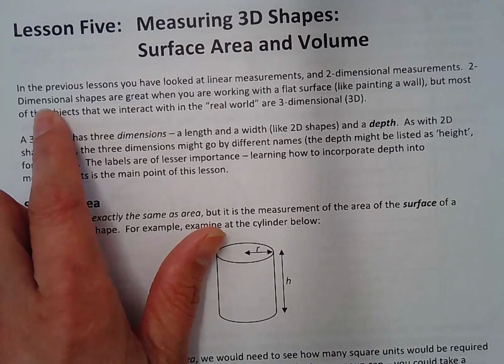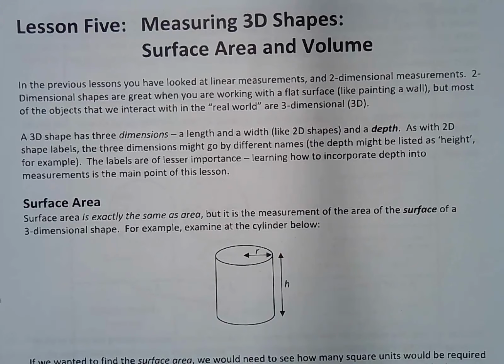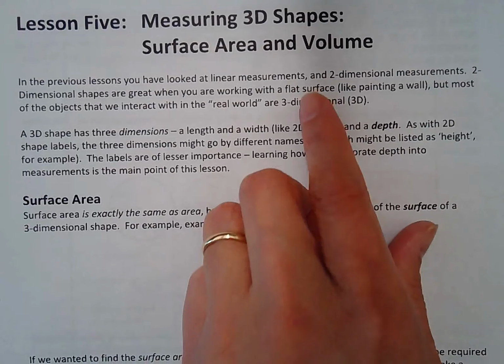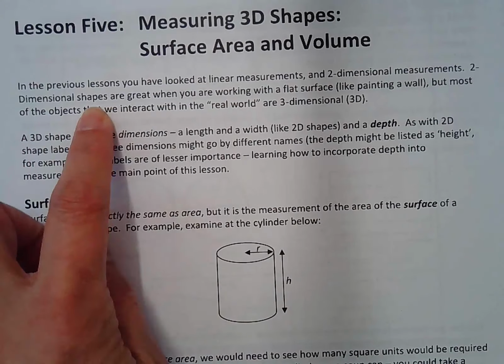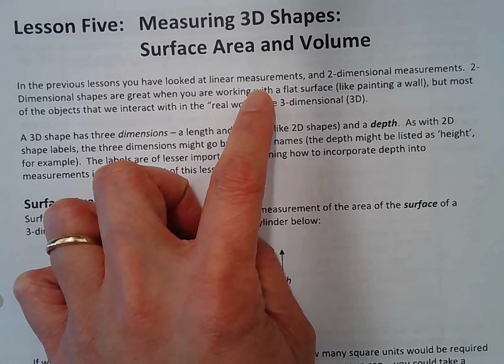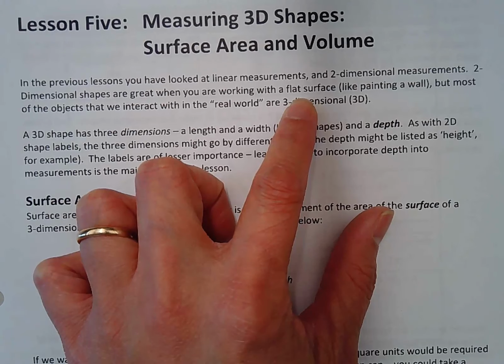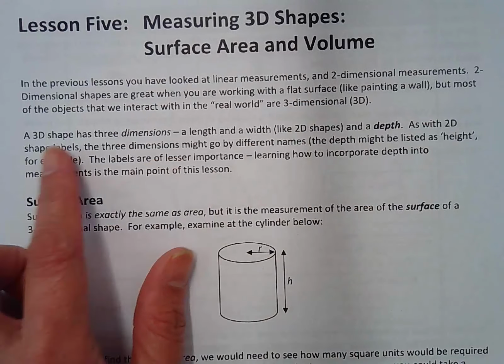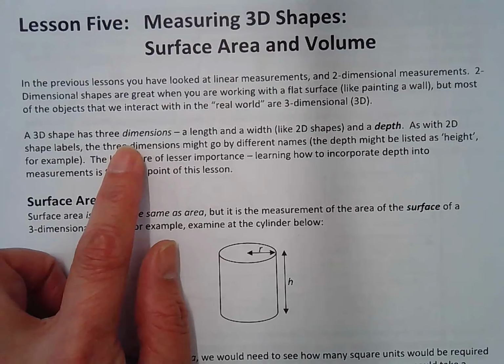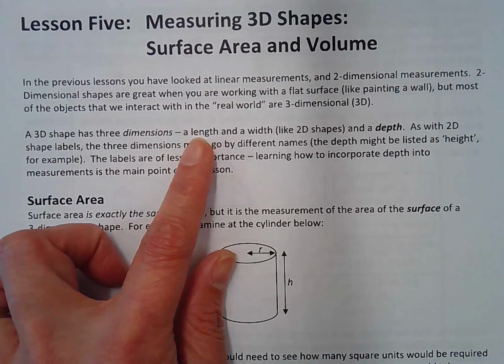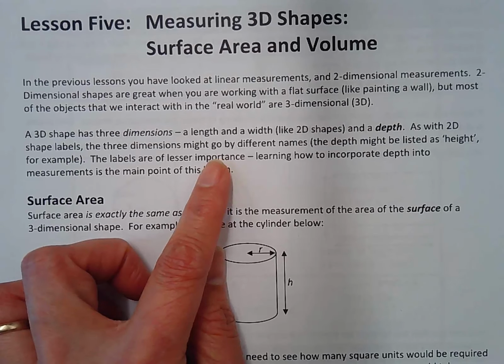So let's read it first. In the previous lesson, you have looked at linear measurements and 2-dimensional measurements. 2D measurement shapes are great when you're working with something flat, like painting the wall. But most of the real life stuff is 3D. A 3D shape has 3 dimensions: length, width, and depth or height.